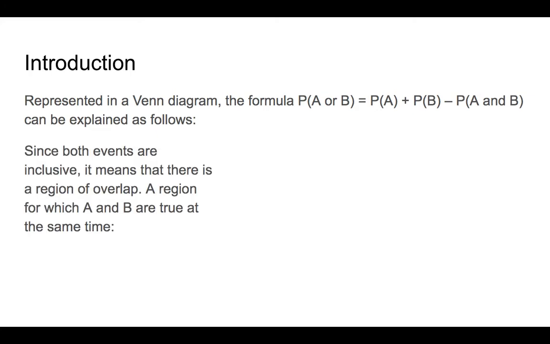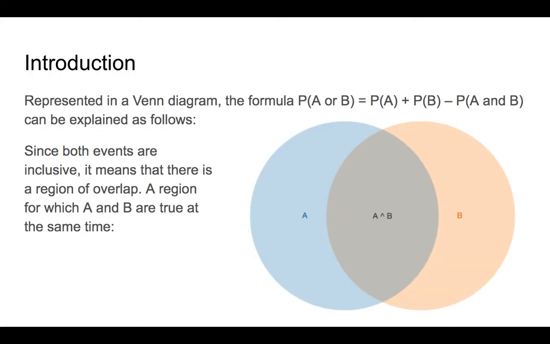And remember that both events are mutually inclusive, so it means that there is a region where they happen at the same time, where they overlap. That is represented as an overlapping region if we're drawing Venn diagrams. And it's going to look like this. You have the event A, you have the event B, and you have a region where A and B happen at the same time.